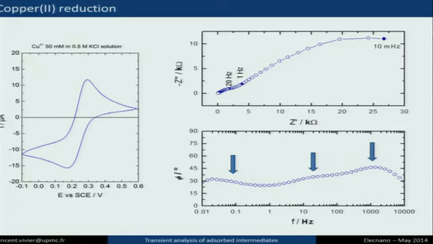If we have a look here at the phase angle in order to see what happens in this domain, we have indeed two time constants. The first one corresponds to the charge transfer resistance, and this one may be ascribed to the relaxation of adsorbed species at the interface. And this last time constant is the diffusion of redox species.